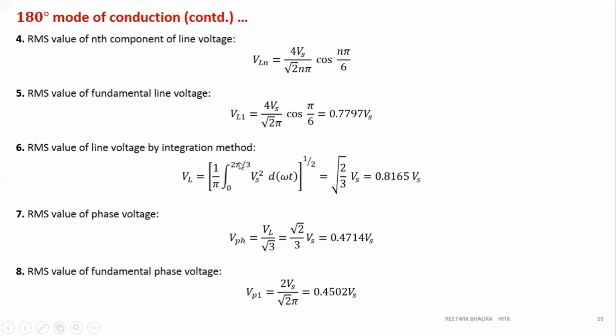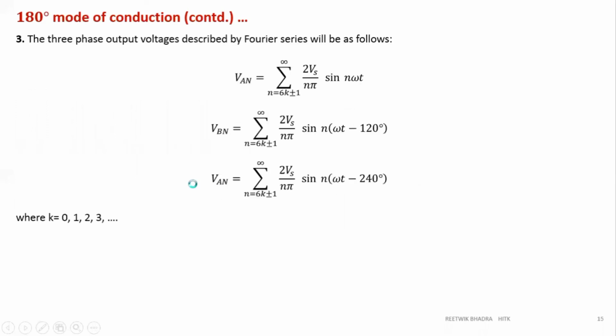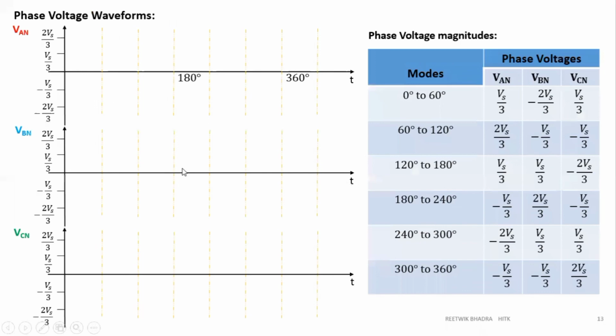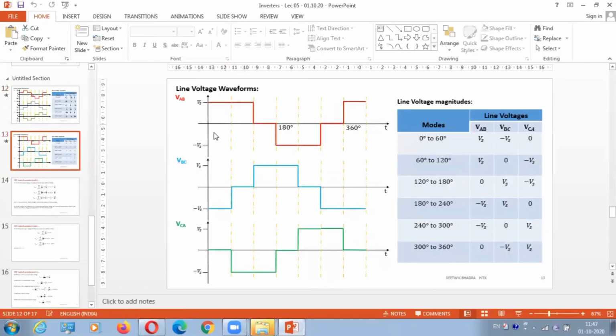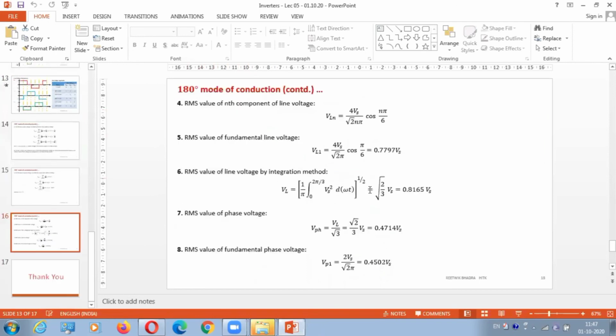RMS value of line voltage by the direct integration method: how will you do it? See, this voltage is constant, so you take the integration from 0 to 120 degrees, because 120 to 180 is 0. So I can shorten the limit, and my magnitude will be Vs. That's what I have done over here.